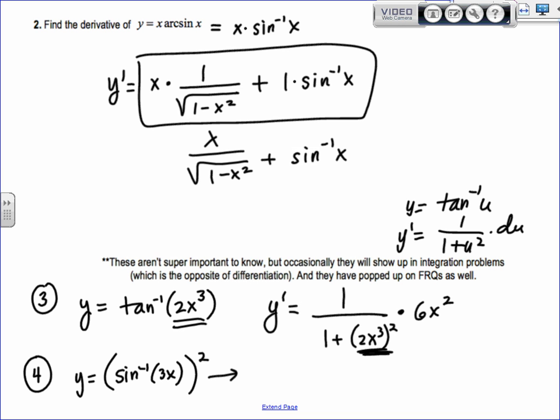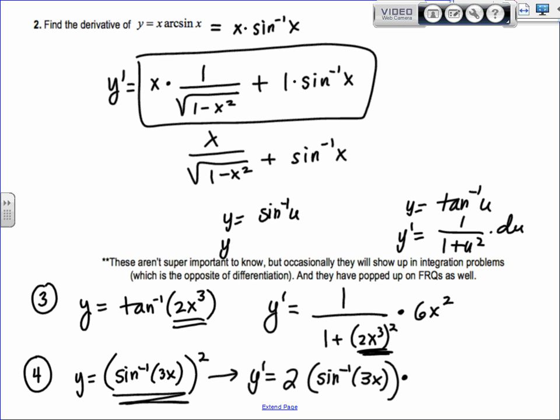Okay, so let's say I have this one. Y prime. This is something being squared, so it's going to be 2 times the something, so I keep that inside exactly the same, inverse sine of 3x. But then I multiply by the derivative of the inside. The derivative of the inside, that's in the form inverse sine of u. If I have inverse sine of u, its derivative is 1 over the square root of 1 minus u squared.